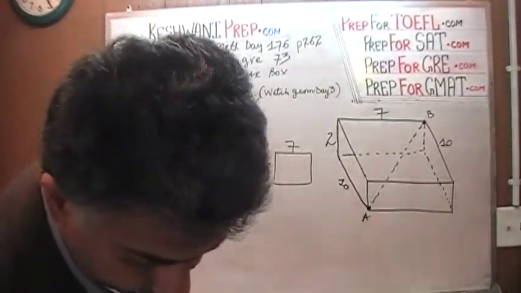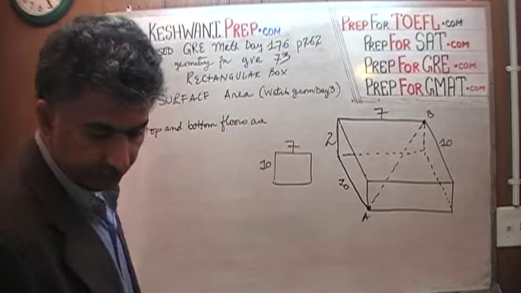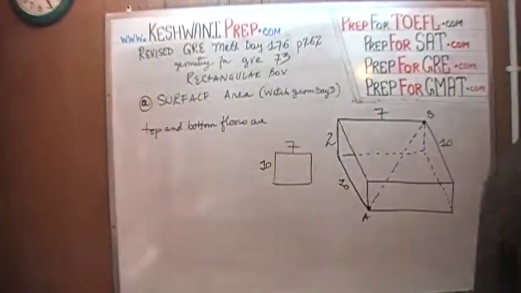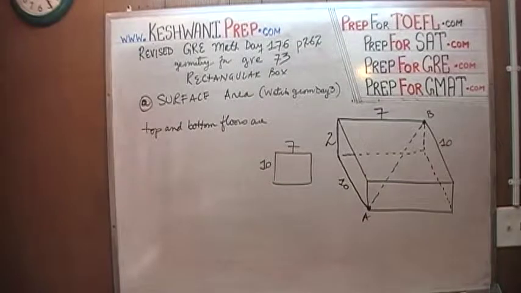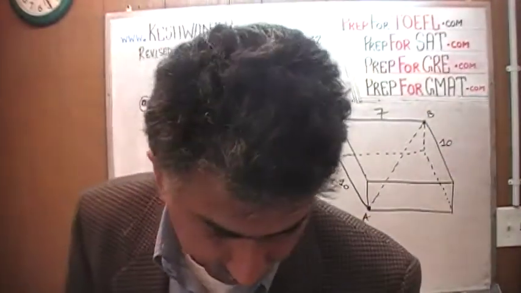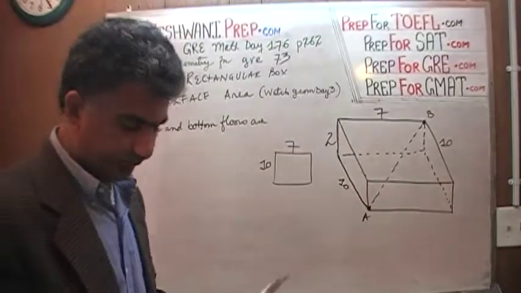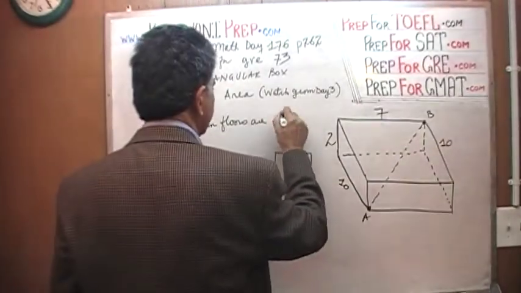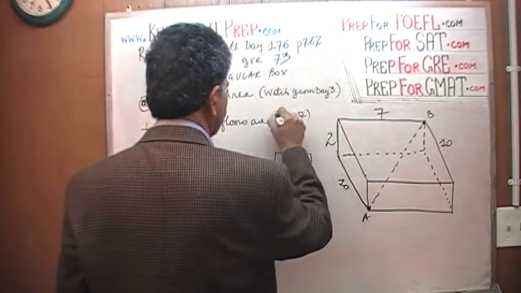So the top and the bottom floors are 10 times 7 times 2, because there is a top and there is a bottom.